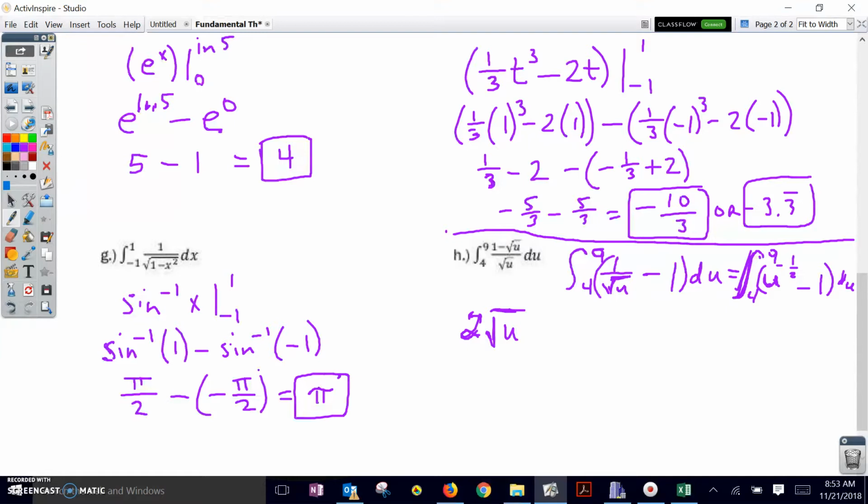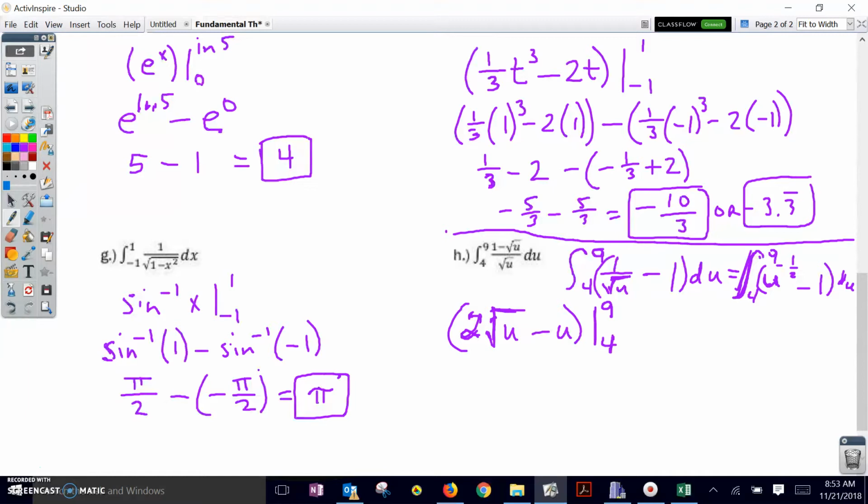And the antiderivative of 1 is just going to be u. So this turns into the quantity 2 square root of u minus u when we take the antiderivative.